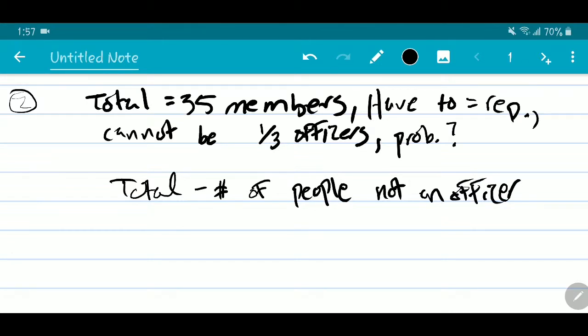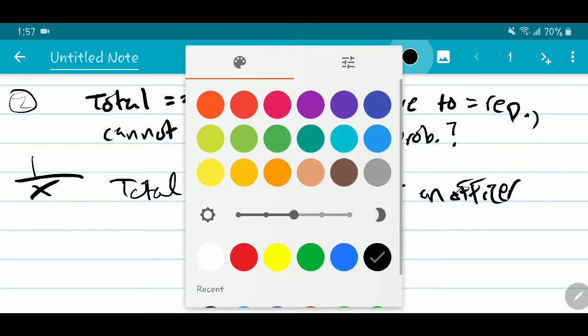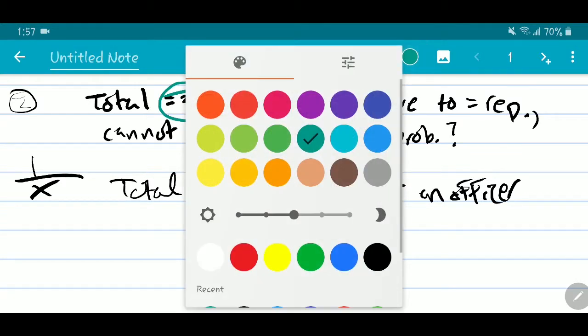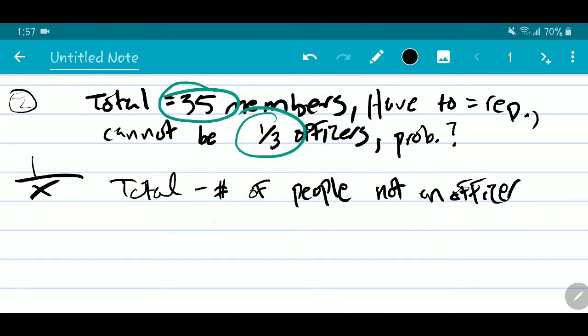We're basically finding the probability for one person, so you know it has to be 1 over something. The total is 35, and how many people cannot be representatives? 3. So we have 35 minus 3, which equals 32.